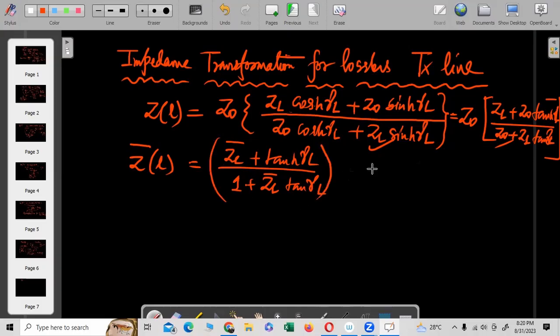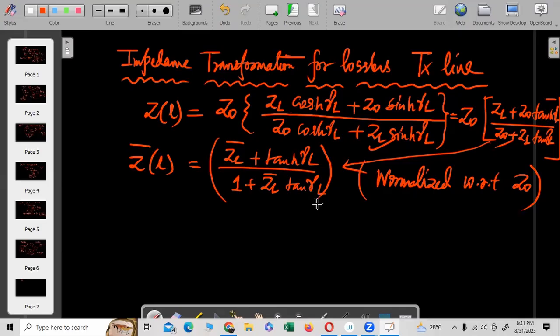You please check from this equation. Z naught will go here. It will be ZL bar, and this will be ZL bar. This is correct. We have just normalized with respect to Z naught.